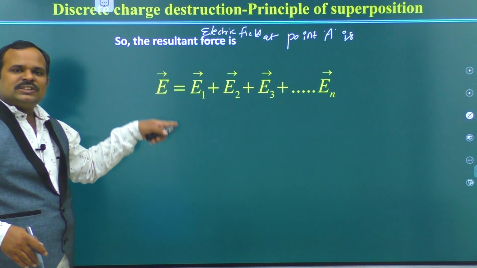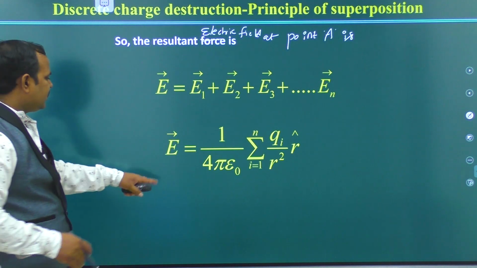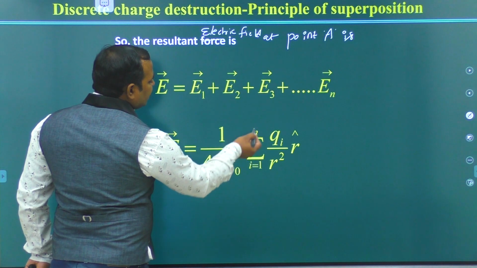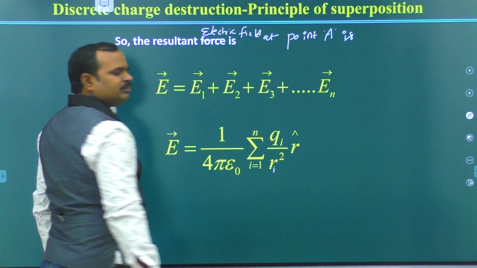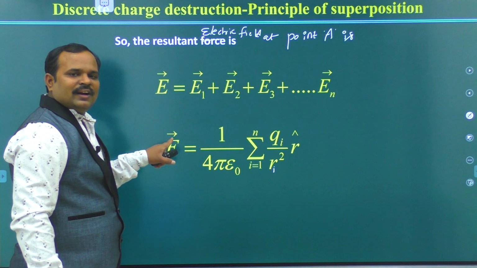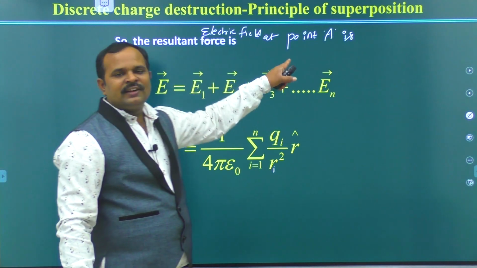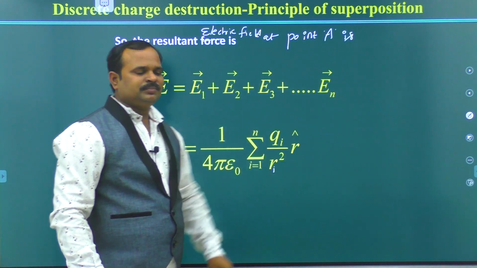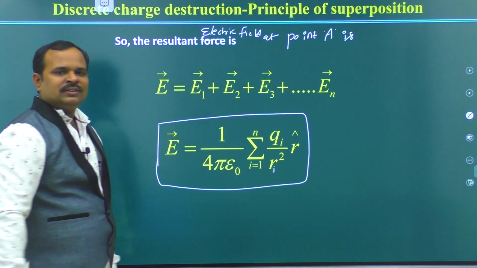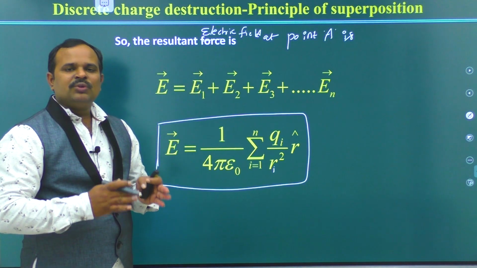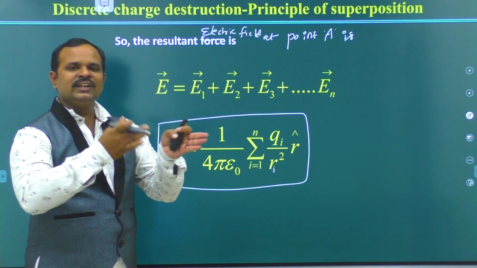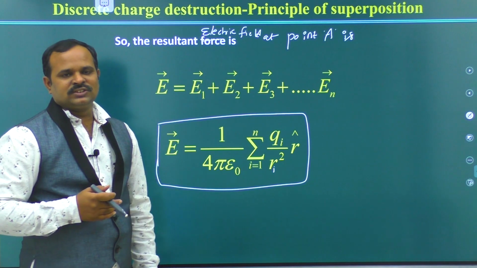Then if you summarize this into a small form, E bar is equal to 1 by 4 pi epsilon naught summation from 1 to n of Qi by Ri square. This is the electric field at point A due to all the charges, given by the superposition principle. Here again, when we are calculating the electric field, we are neglecting the presence of other charges when we are considering the force or field between two charges or two points.